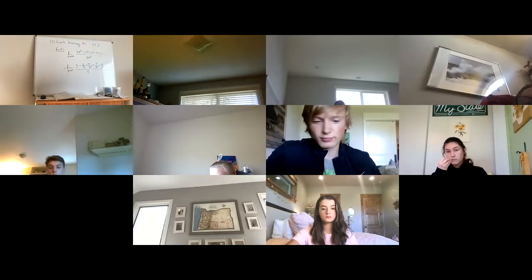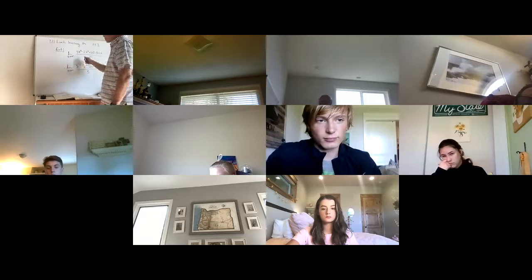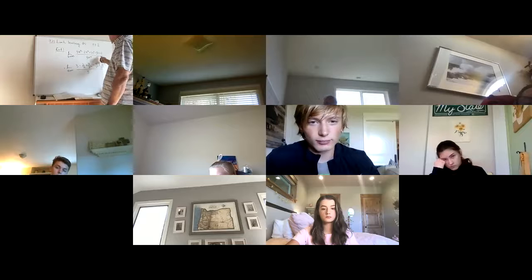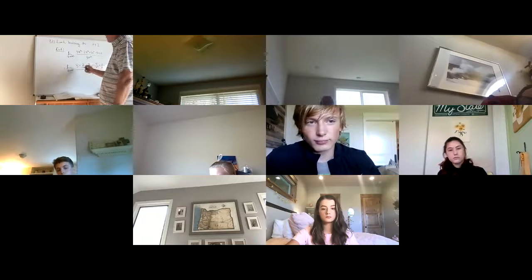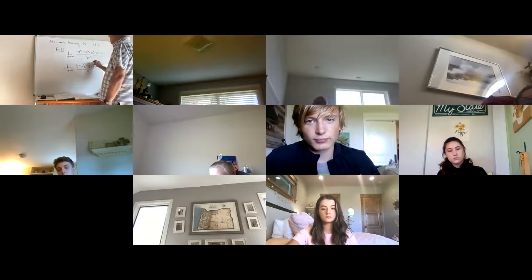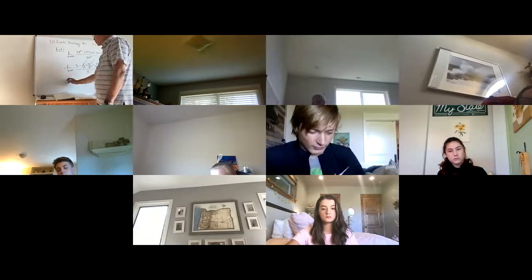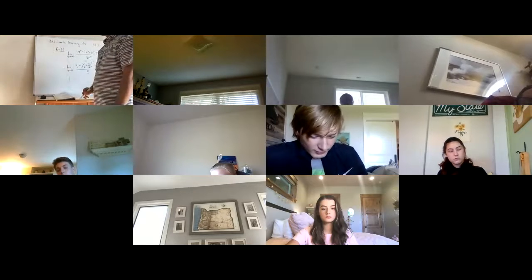If I divide this by x to the fourth, I have that. Divide this by x to the fourth, I have that, and so on. As x goes to infinity, each of those terms goes to 0. And what do you have left? 3 over 3, which is 1.